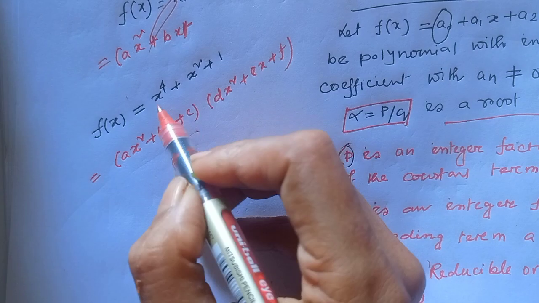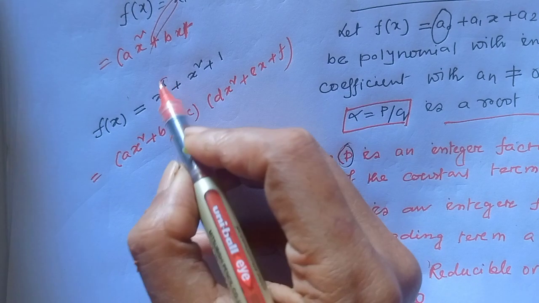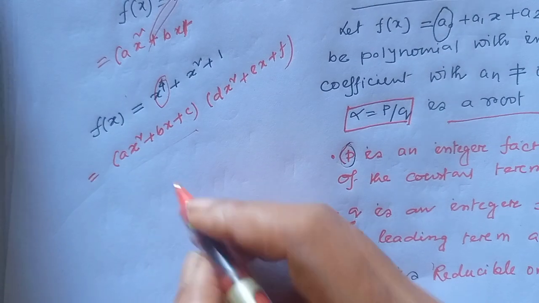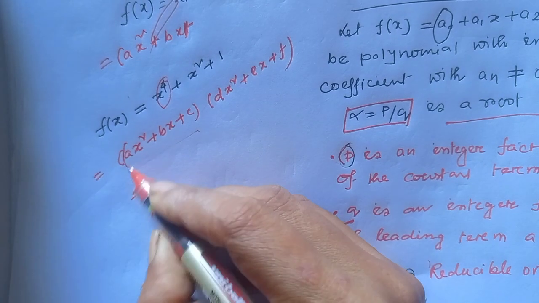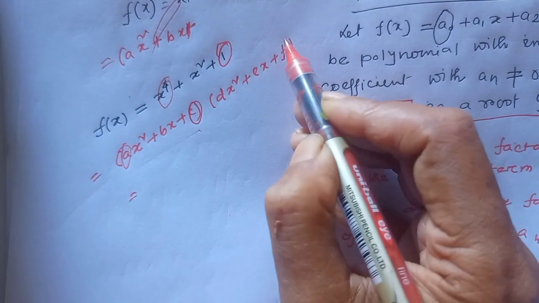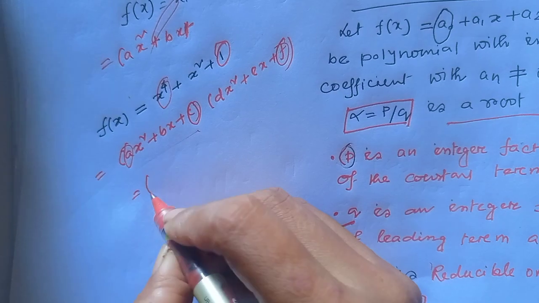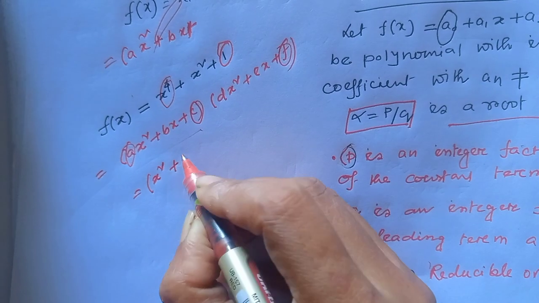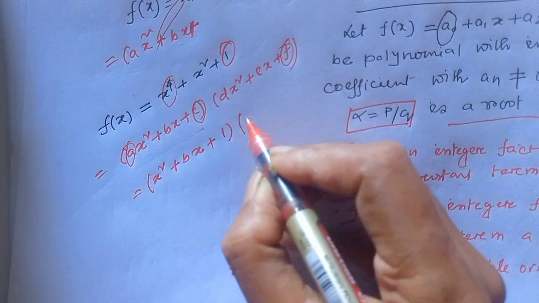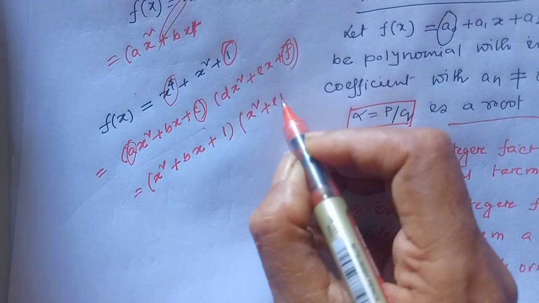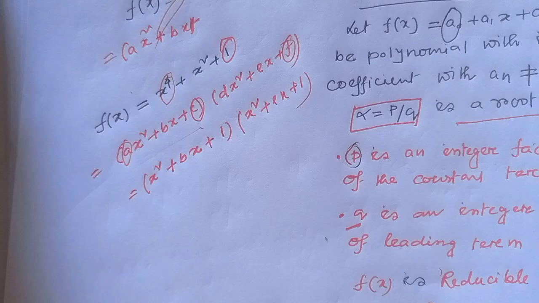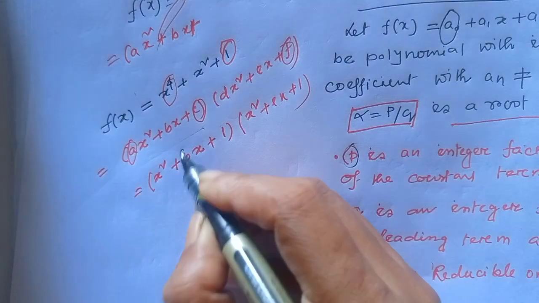Since the coefficient of x⁴ is 1, a would be 1. Also the constant term is 1, so c and f would be 1. So this polynomial would be of the type (x² + bx + 1)(x² + ex + 1). Here what would be the value of b and e? This is the question.